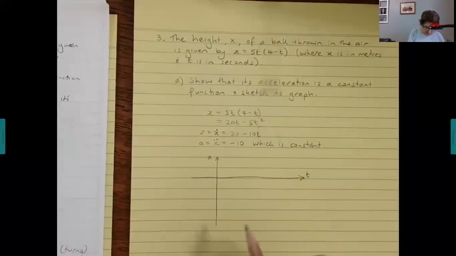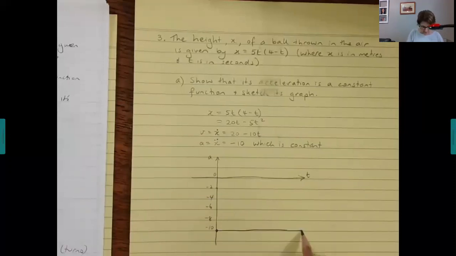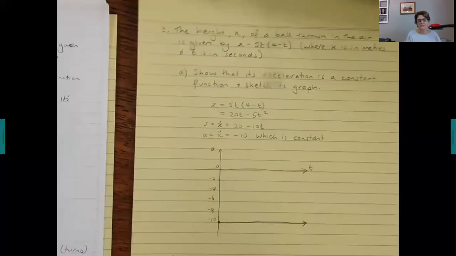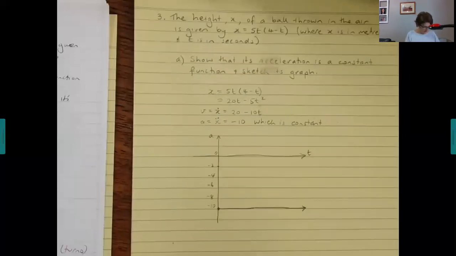So if I go 0 here, negative 2, negative 4, negative 6, oh, I've made it a bit big, negative 8, negative 10, the entire acceleration from 0, and I can't go beyond because I can't have time being negative, that's your acceleration, just that straight line, okay? And that's showing that it's constant.